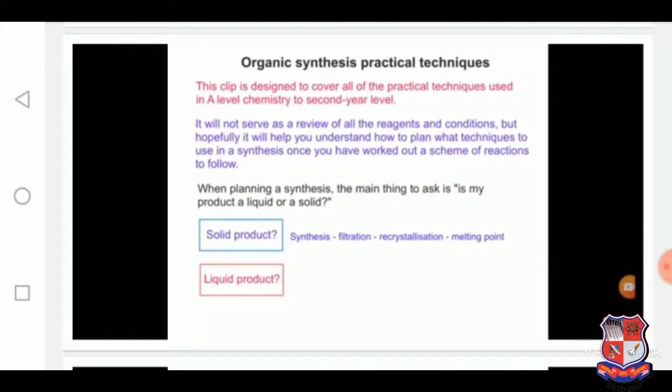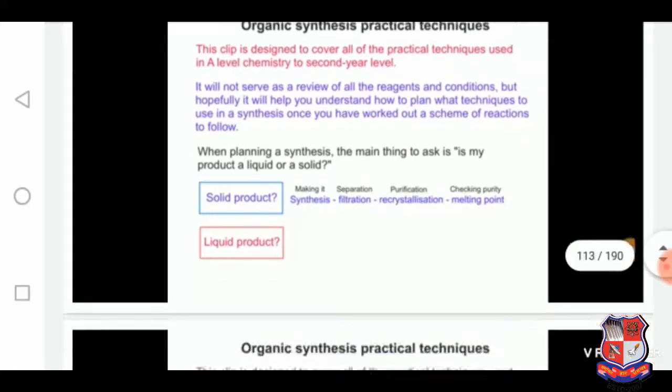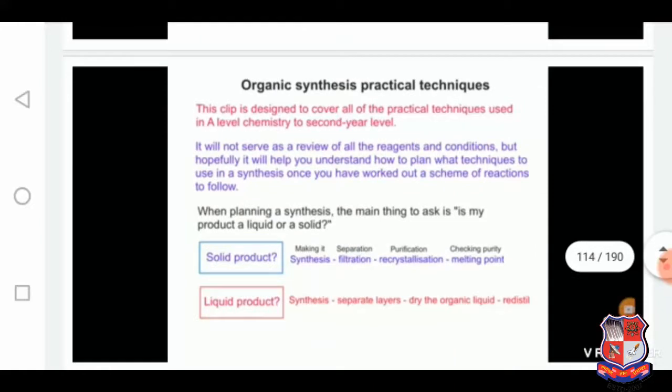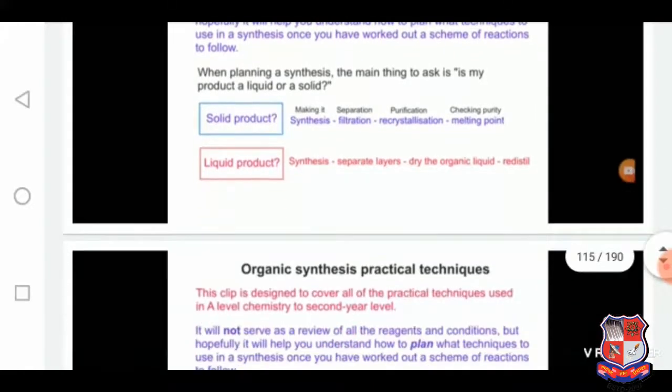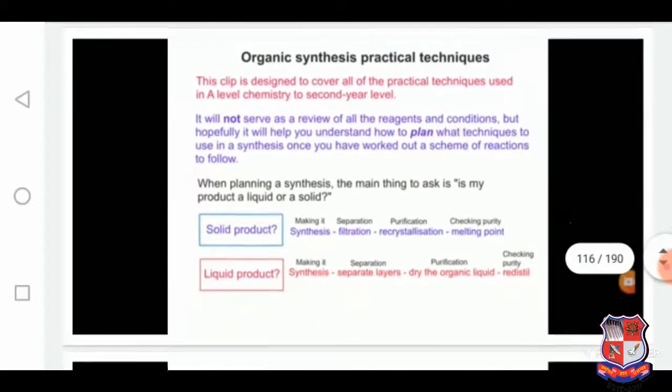For solid product synthesis, filtration, recrystallization and melting point, these four points have to be included. These are the steps: separation, purification and checking purity. If the product is liquid, then separate the layers, dry the organic liquid and redistill. And these are the steps for that.